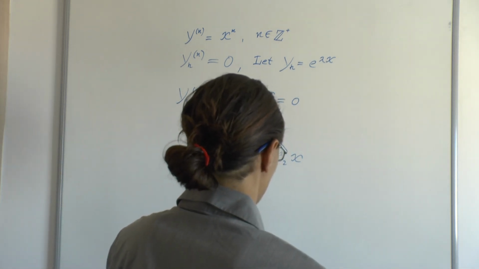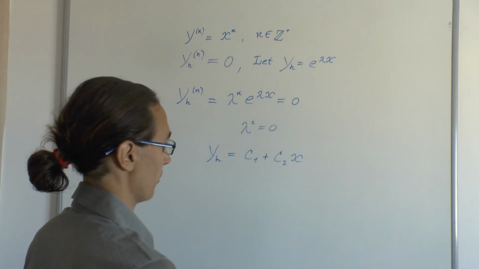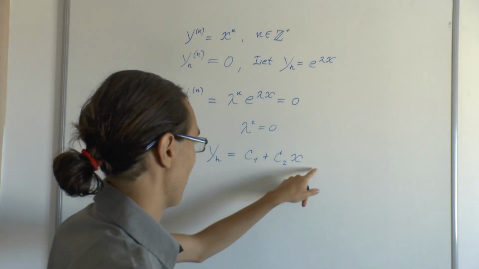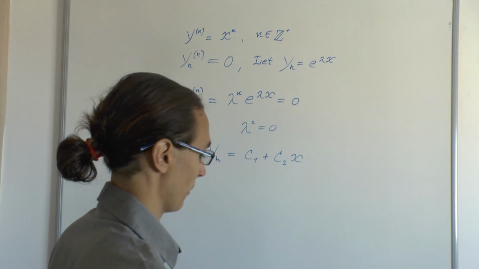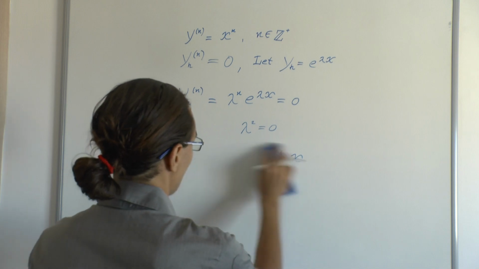So it becomes a linear function. With higher order differential equations, we would just multiply another constant by x again. So we'd have plus c3 x squared, and so on.